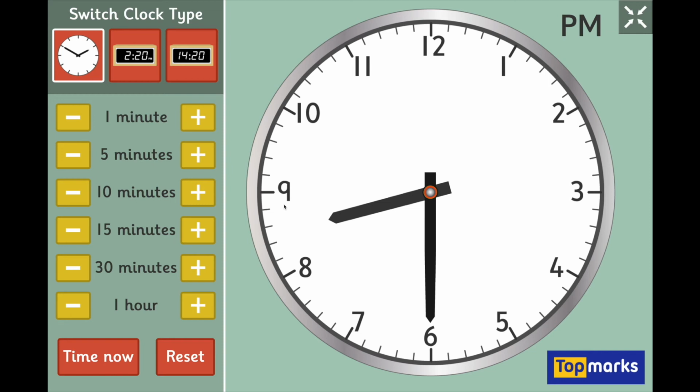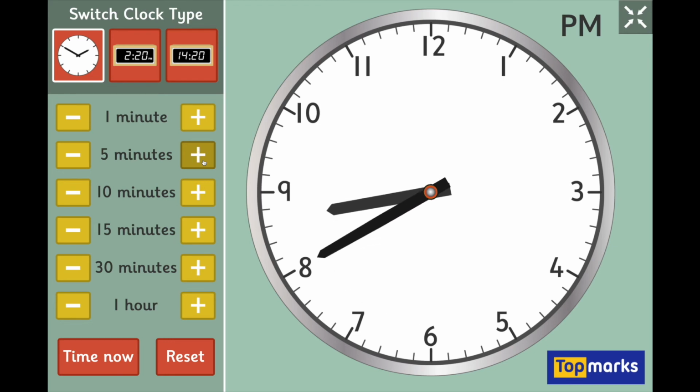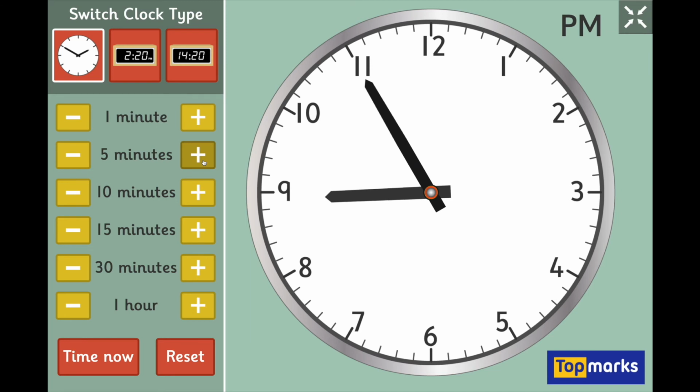Watch. If we keep moving from 8:30 onwards to 9 o'clock. Let's jump in fives again. Watch the hour hand while we move. It's getting nearer to 9 with each movement of the minute hand. And when we reach 9 o'clock, it is now exactly pointing to 9 because that is the new hour time.